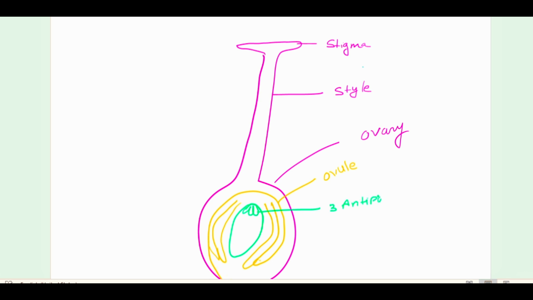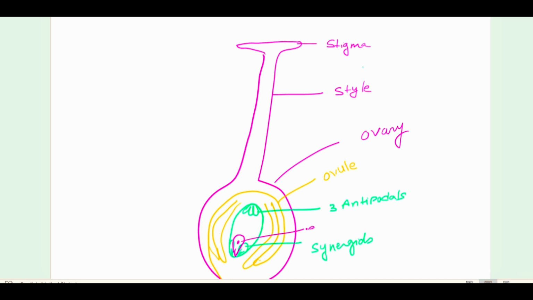Now the structures which will allow entry of the pollen tube inside the embryo sac, these two large structures with the filiform apparatus, are called as two synergids. Now the cell which is present in the center between the two synergids, which is responsible for fertilization, is termed as what? It is termed as egg cell.